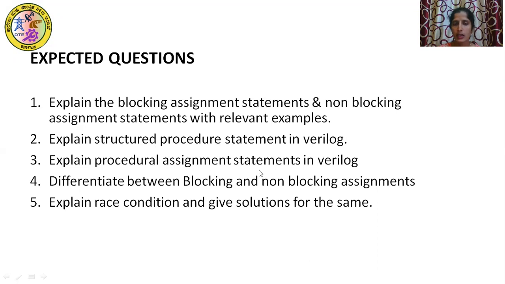Explain procedural assignment statements. Differentiate between blocking and non-blocking assignments, so we can write the differences between the blocking and non-blocking assignment statements. Explain race condition and give solutions for the same. These are the questions you can expect from the topics we have discussed in this lecture.